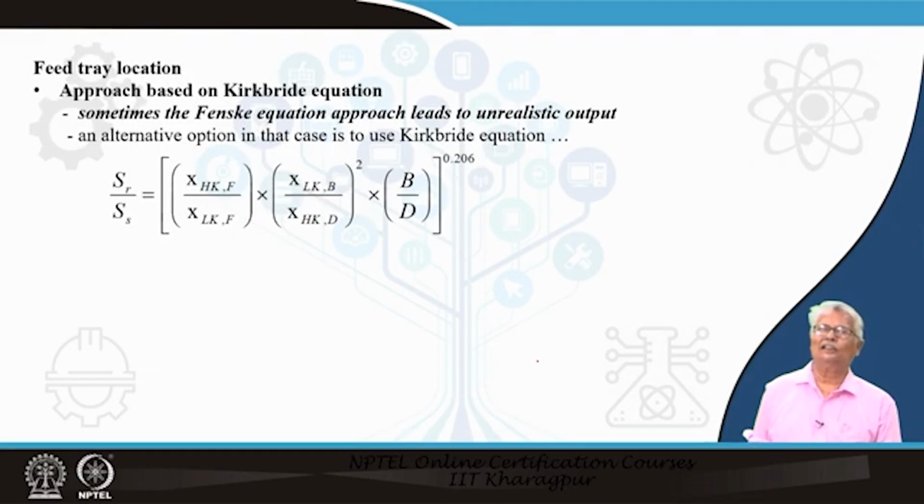In such a case, an alternative equation proposed by Cartwright is used, which is again defined the same way. It involves the composition of the bottoms, the composition of the top, the feed composition in terms of the light and the heavy key, and also the yield of the bottom and the distillate streams.